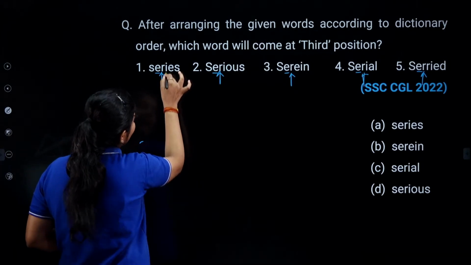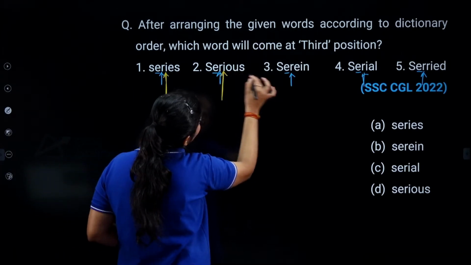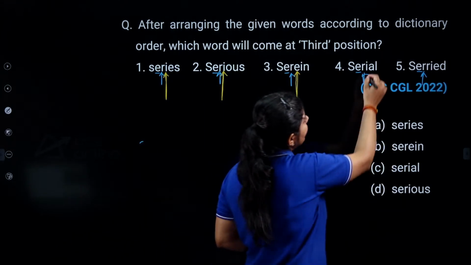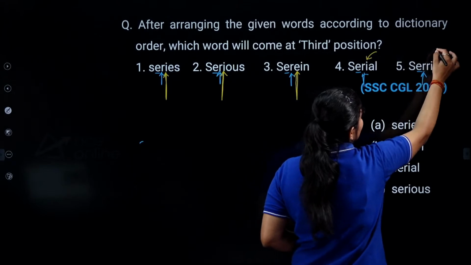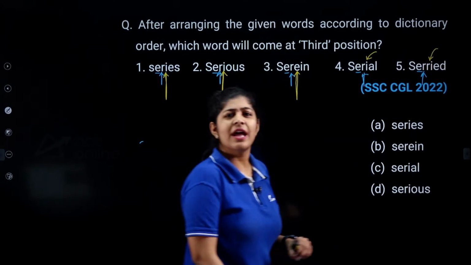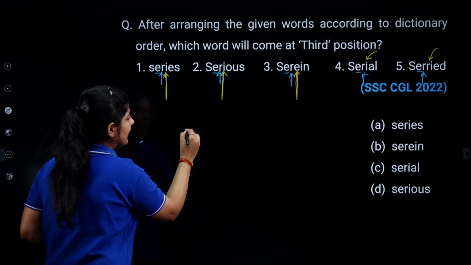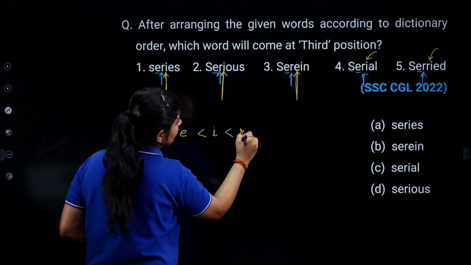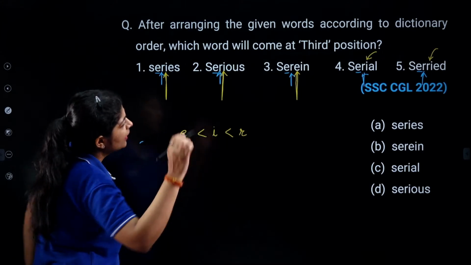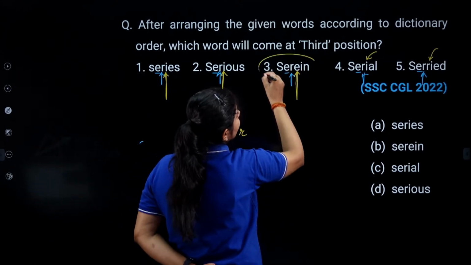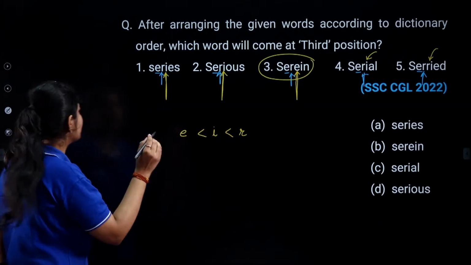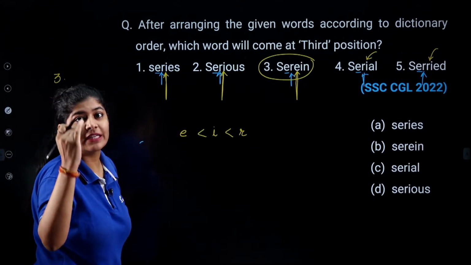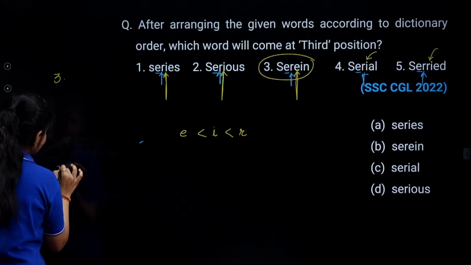Here I am having I. Here again I. Here I am having E. Here again I and here I am having R. I know the alphabets, right? I know E comes first, after that I will come, and after that R will come. So I can say that this third word will come at the first position, and this fifth one will come at the last position.